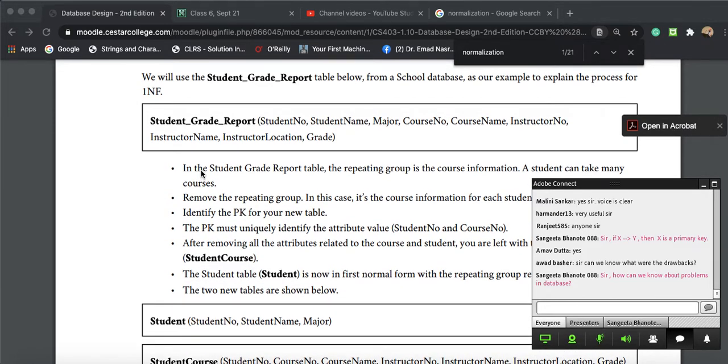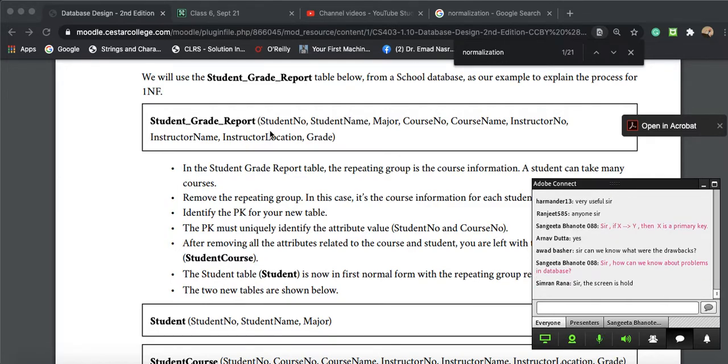So look here and imagine. Suppose you need to fill the details about the student in this table. You will put the student number. He or she has one number. Student name, 1. Major, 1. Now, how many course numbers will we have? What do you think?